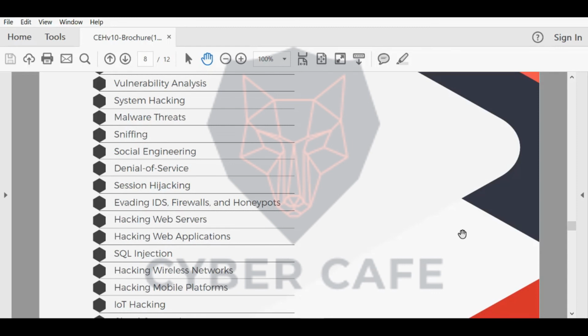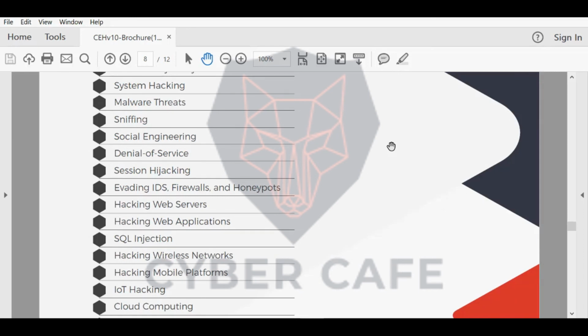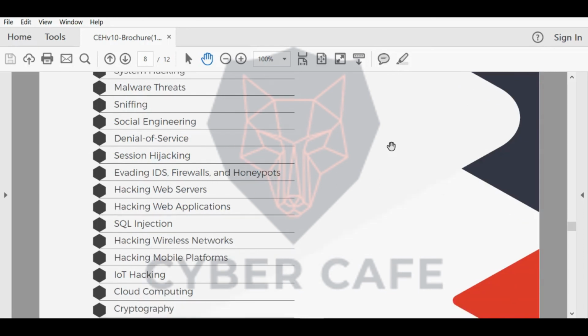And actually you're going to notice that when you understand how IoT works, what services use it, the different layers, you will see that most of the attacks that you learn during this course are applicable to it. It's like a regular system. So you can brute force the IoT, you can denial of service the IoT, so it's quite similar to what we are talking about. And finally, we're going to talk about cloud computing and cryptography.